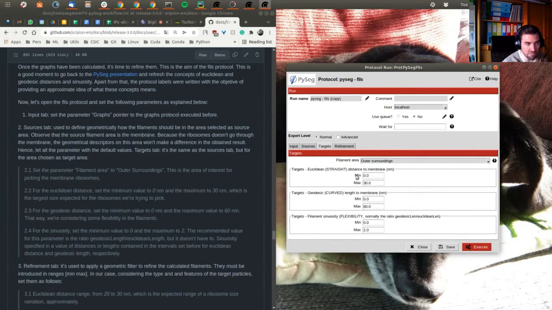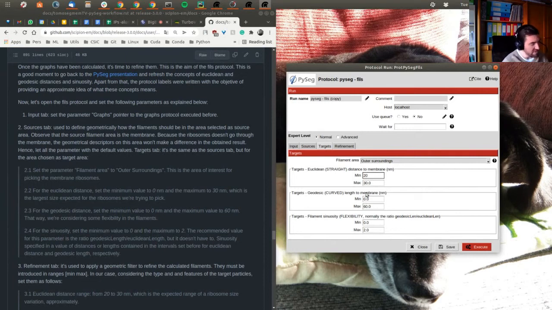I could, but I won't, for example, because it is not necessary, as long as the ribosome size is between 25 and 30 or between 20 and 30. I'm not interested in the lower values, so I can use, for example, 20 here. We'll fix the parameters. I have the correct ones in the doc. I think more or less these are the same, but it is a pure coincidence.